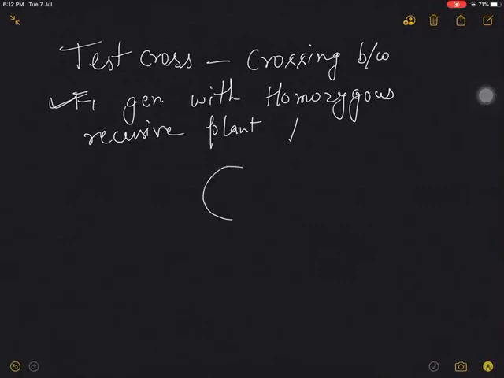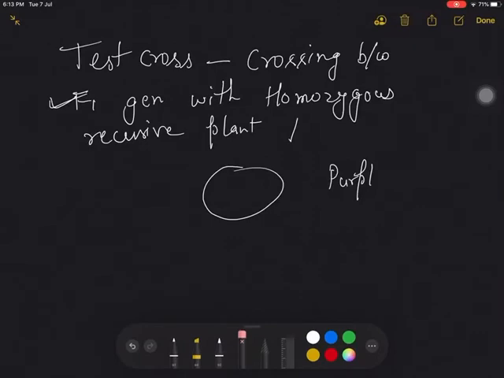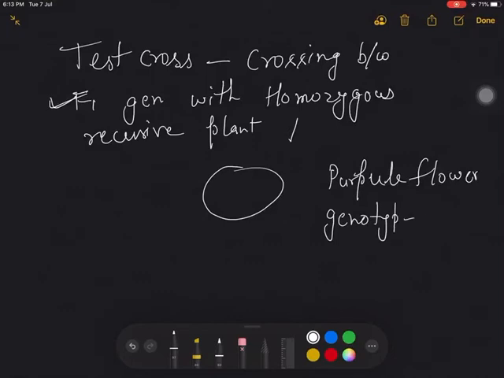Like we have purple flower, okay, that genetic constituent we have no idea, genotype we don't know. So how we can find out the genotype of this plant?